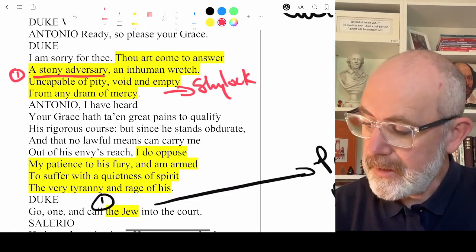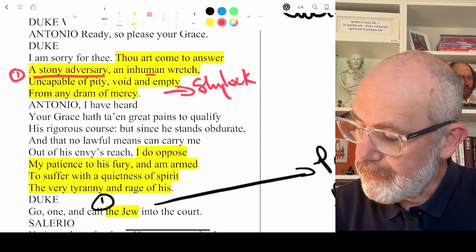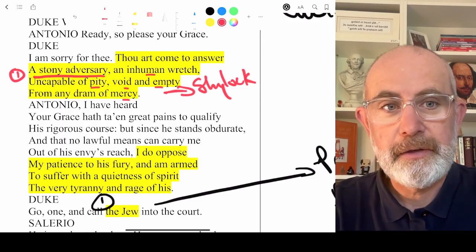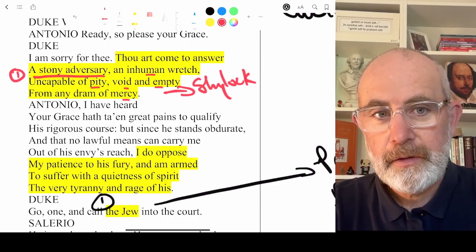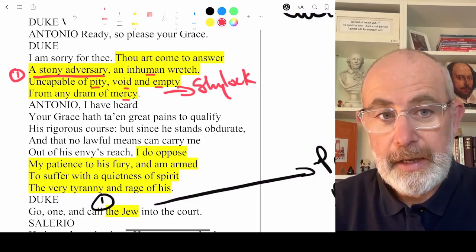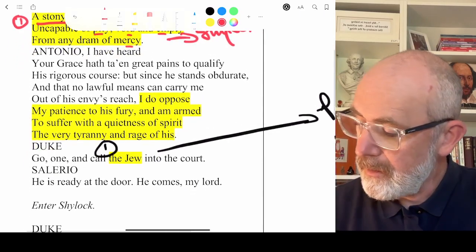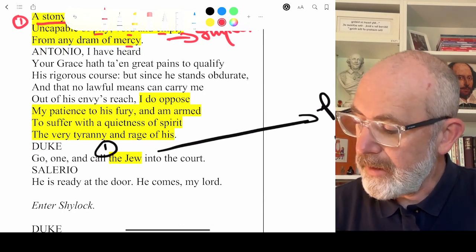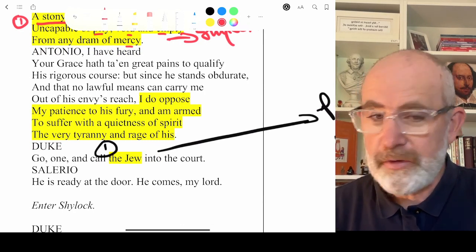But he's described as inhuman, incapable of pity, void and empty from any dram of mercy. It's a great quote. He tells Antonio that he has to be tried because of the law. And Antonio's response is interesting. 'I have heard your grace has taken great pains to qualify his rigorous course.'